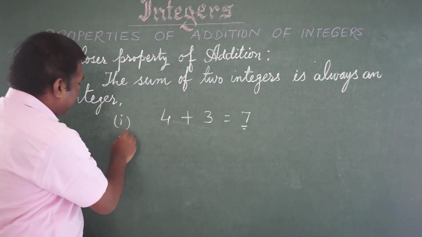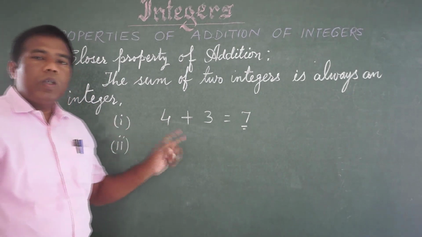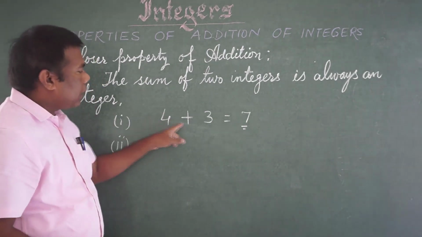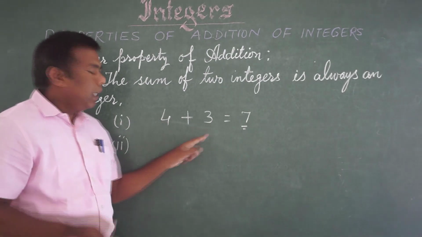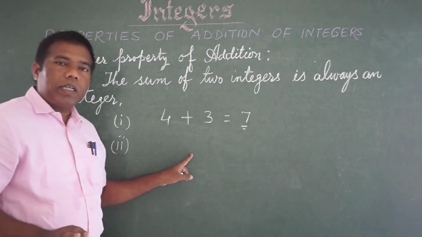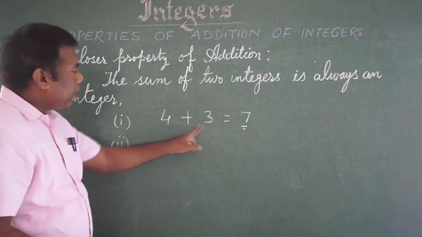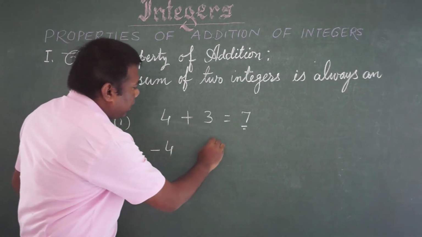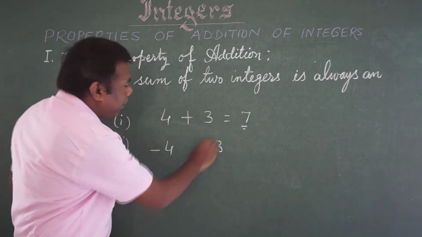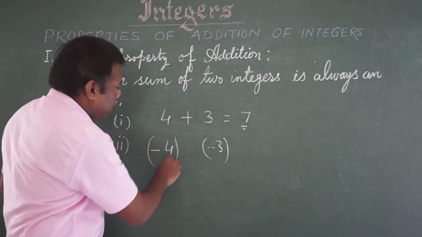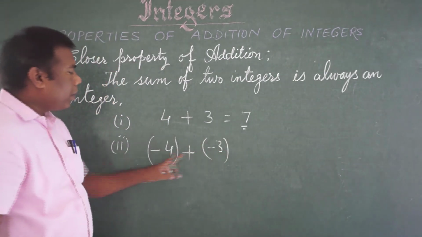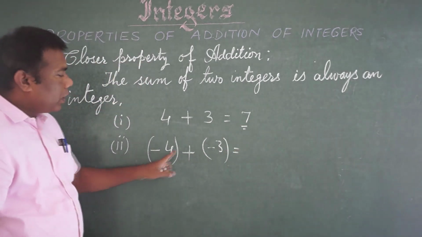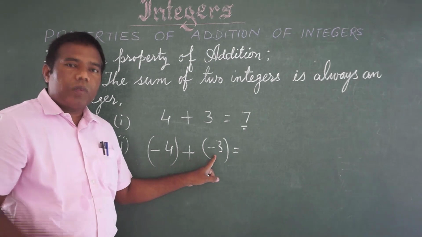Second example, suppose you take any two integers. In the first case we took positive integers. In the second case just take negative integers. The same numbers we are taking, and both the numbers are negative. And what will be the sum of these numbers? If both negative integers are there, what was the rule?